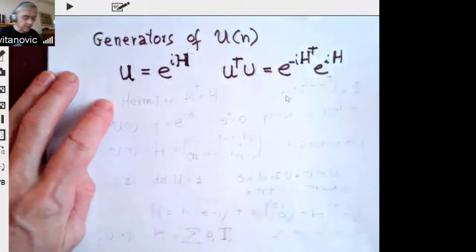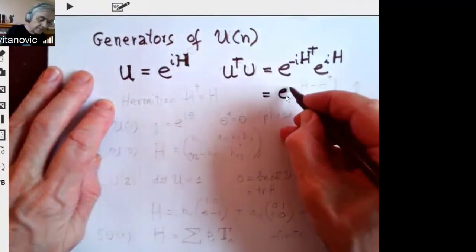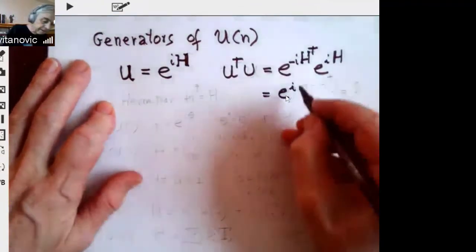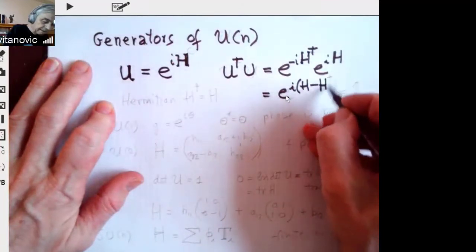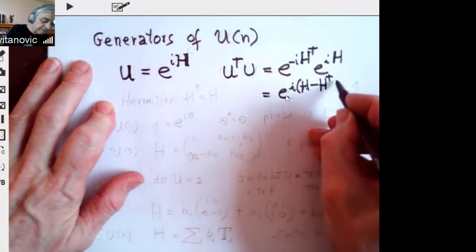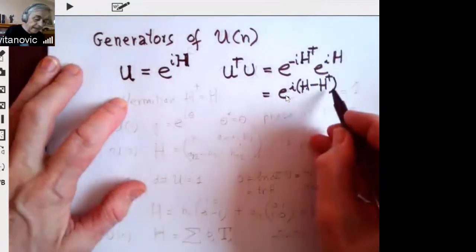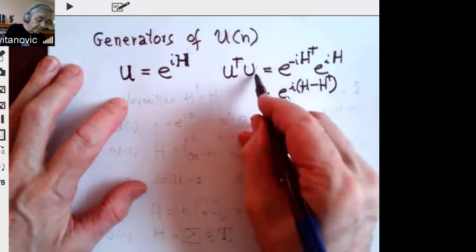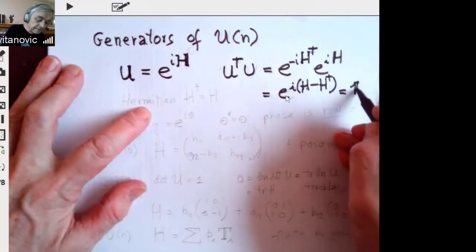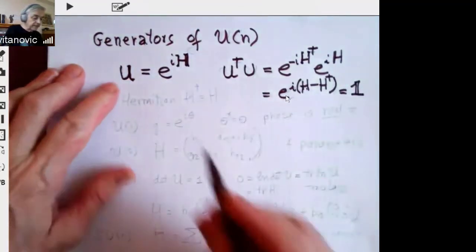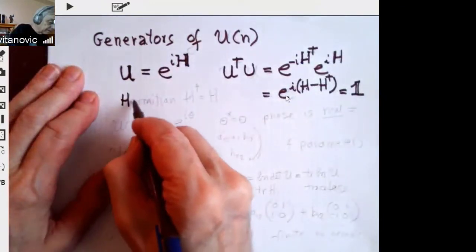As I multiply them, I get that this matrix minus its Hermitian conjugate has to be 0 because this has to be 1 and e to the 0 equals 1. So it turns out if a matrix is unitary, its logarithm is Hermitian.